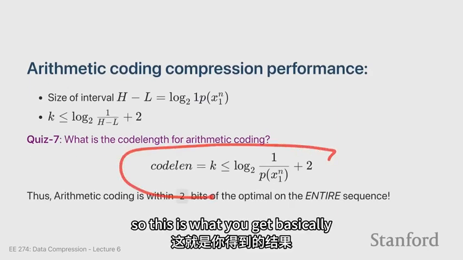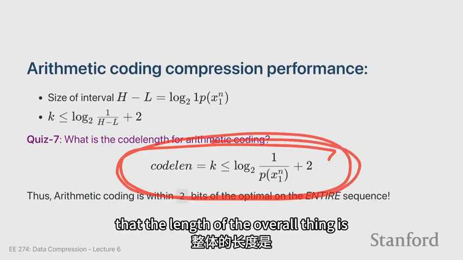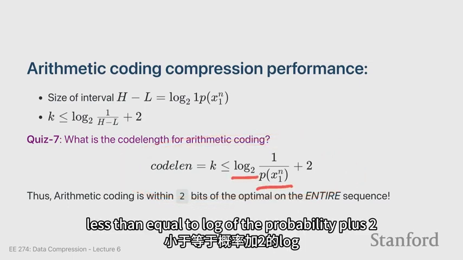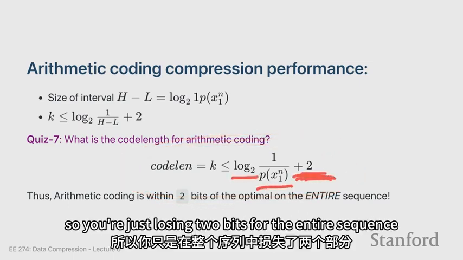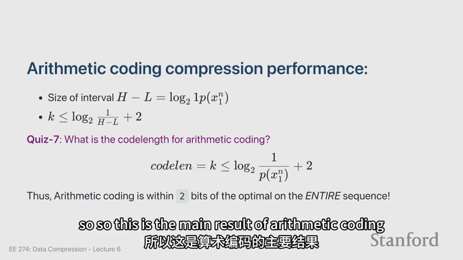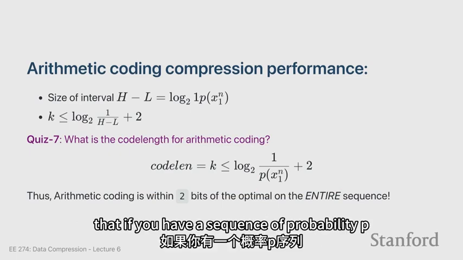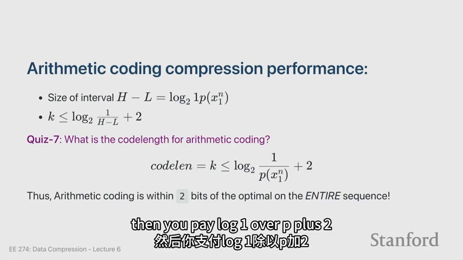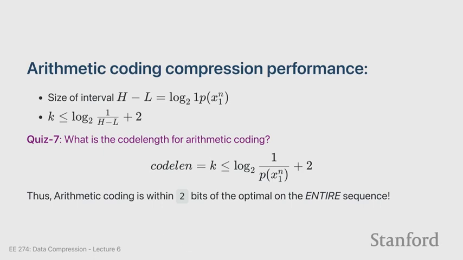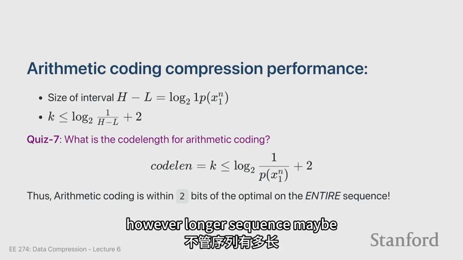So this is what you get: the length of the overall code is less than or equal to log 1 over the probability, +2. So you're just losing 2 bits for the entire sequence. This is the main result of arithmetic coding: if you have a sequence of probability p, then you pay log 1 over p +2, however long your sequence may be.